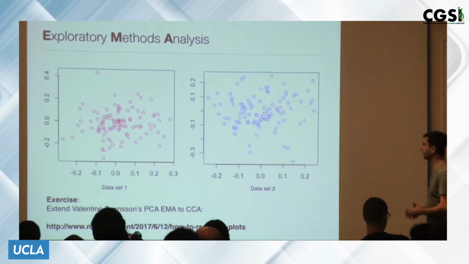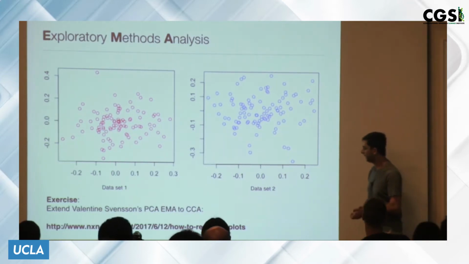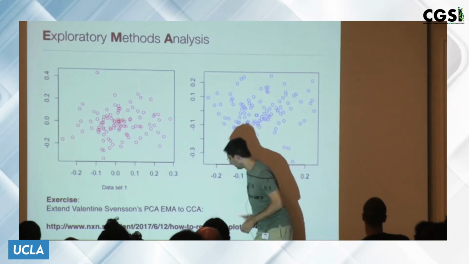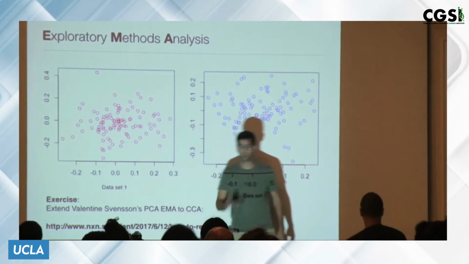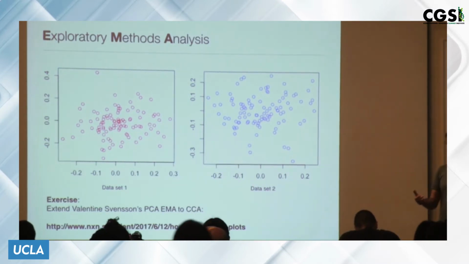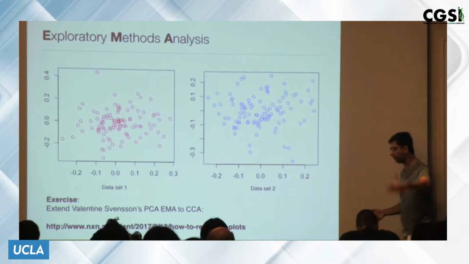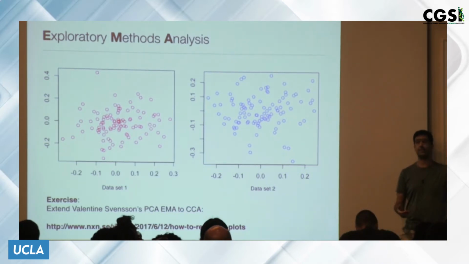So where I got all of this, and I call this exploratory methods analysis, is there's a very nice blog post about PCA. It's by Valentine Svensson, who's a postdoc. He's here at this meeting. He goes through the exercise of building a lot of matrices with different structure and looking at what PCA does to them.